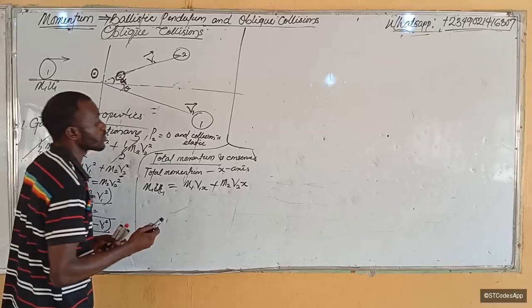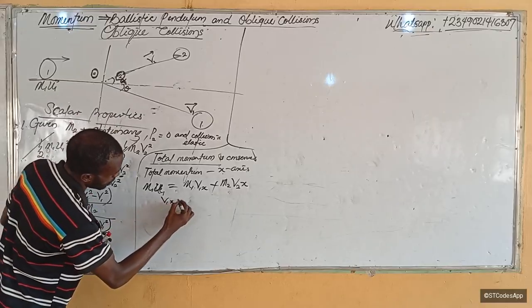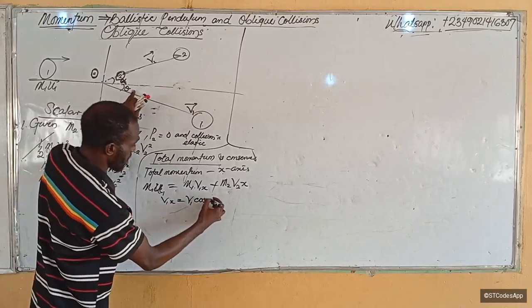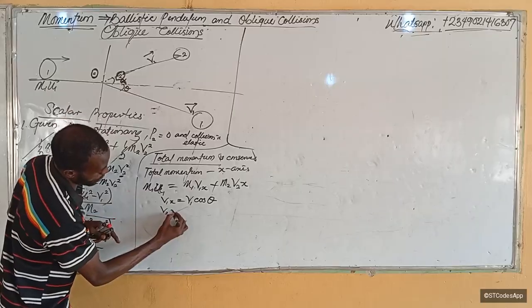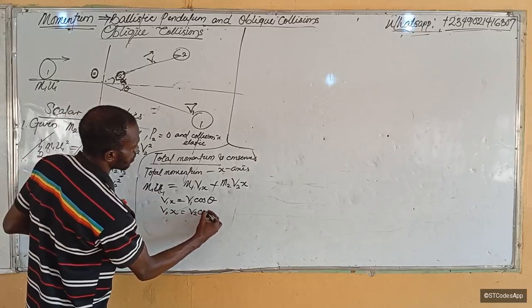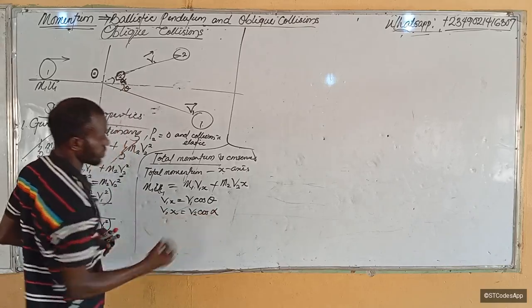Now recall that according to our resolution, v1x will be v1 cos this angle, which is theta, and v2x will be equal to what? v2 cos this angle, which is alpha in this case. Is this clear?